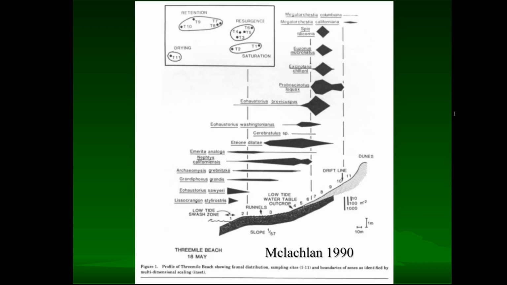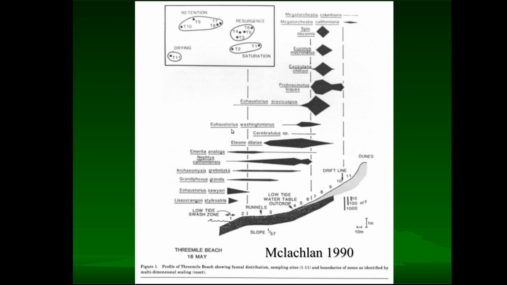And third, closely related species living in the same community often have niches that are adjacent to each other but do not overlap. For example, check out this Eohaustorius crustacean here living in the saturation zone, the wet sand.